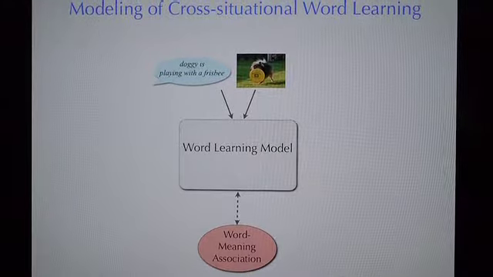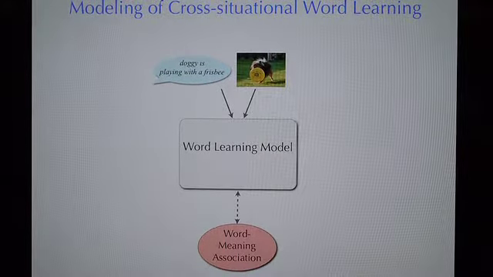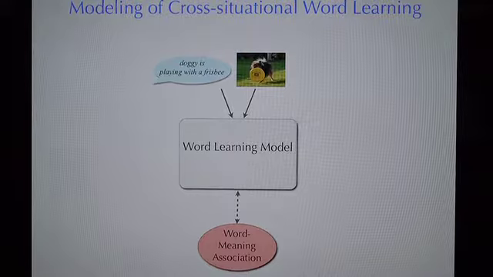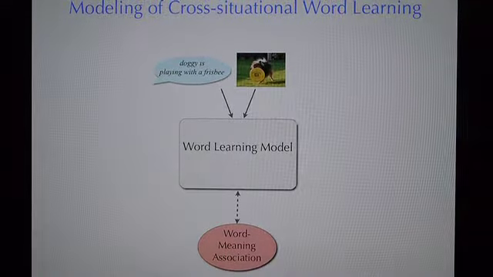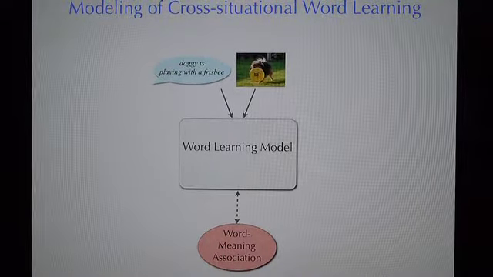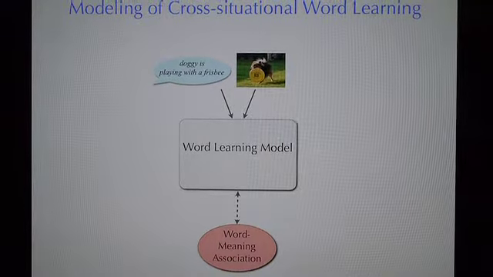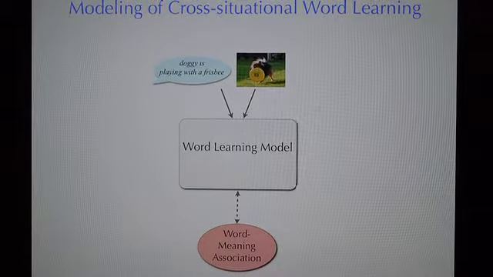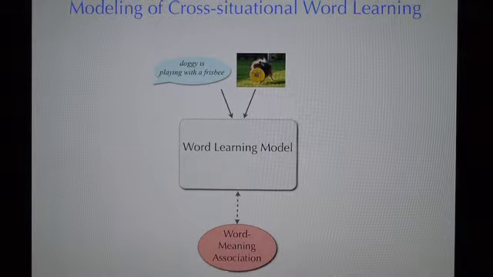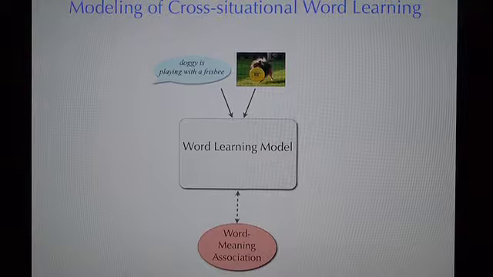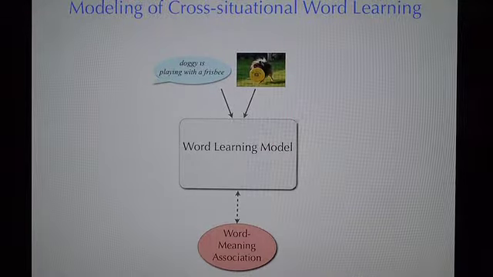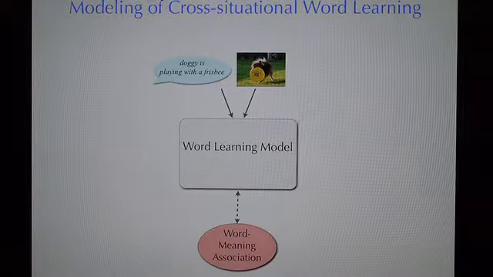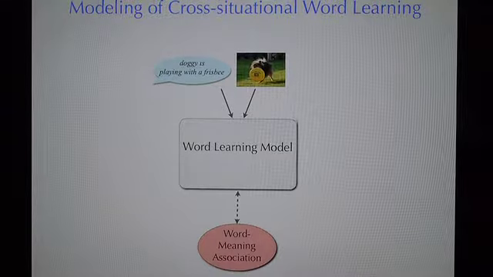The last model that we will look at is the probabilistic account of cross-situational learning. This is a very general scheme of what a cross-situational learning model would look like. It receives input that consists of pairs of utterances and their semantic representation of some sort, and then it generates some sort of an association between words and their meanings.